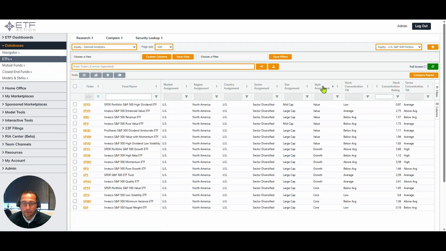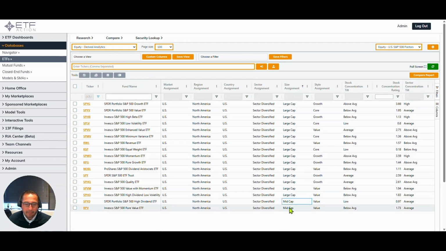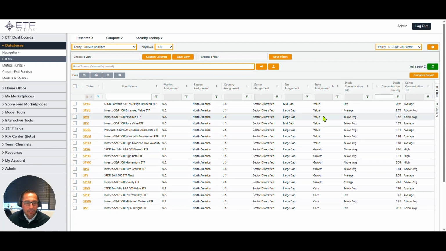And if we just go by size assignment, you'll see, hey, look, there's actually a couple of mid caps, right? S&P 500 is a large cap, but when you do it by dividend or PEER value, you end up getting a mid cap profile. Everything else shows up in that large cap style assignment. Got a bunch of values here. Going to see the high dividends, enhanced value, revenue weighting by revenue currently shows that value tilt.